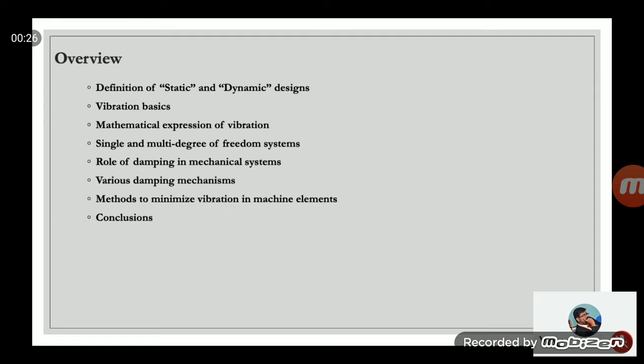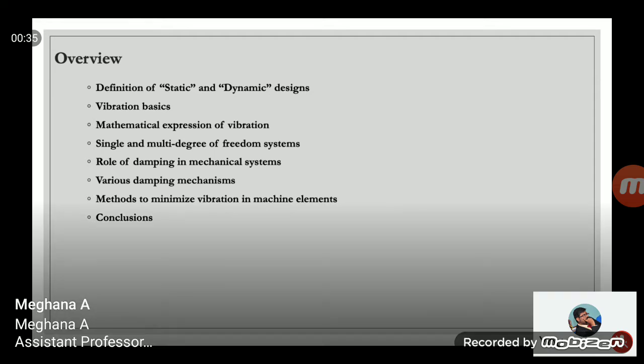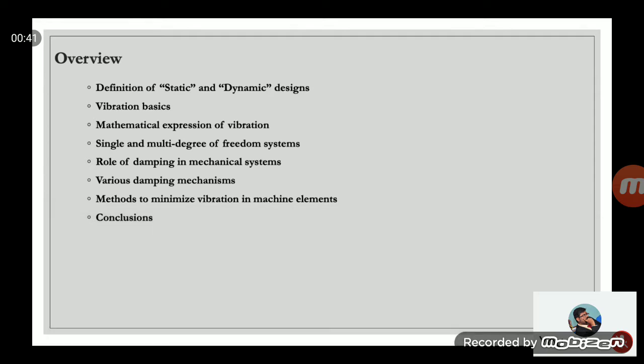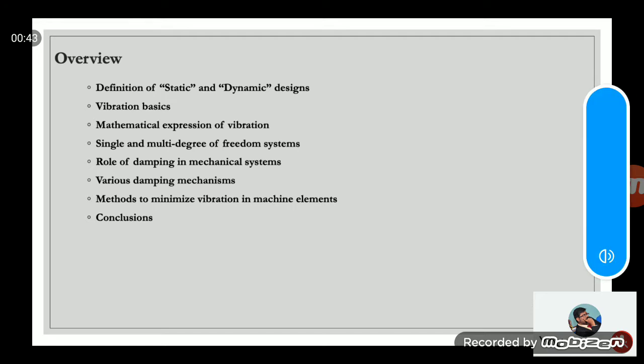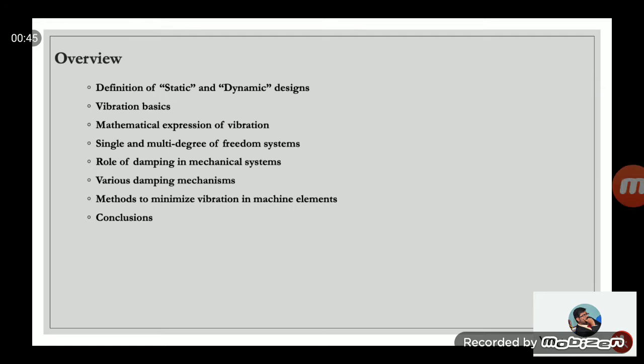Before we jump into vibration topics, you should know the distinction between static and dynamic design. So I will give a little overview and then move on to vibration basics and some of the mathematical representation of vibration, single and multi-degree of freedom systems, which are very important to understand the vibration characteristics, and also damping, which is very important.